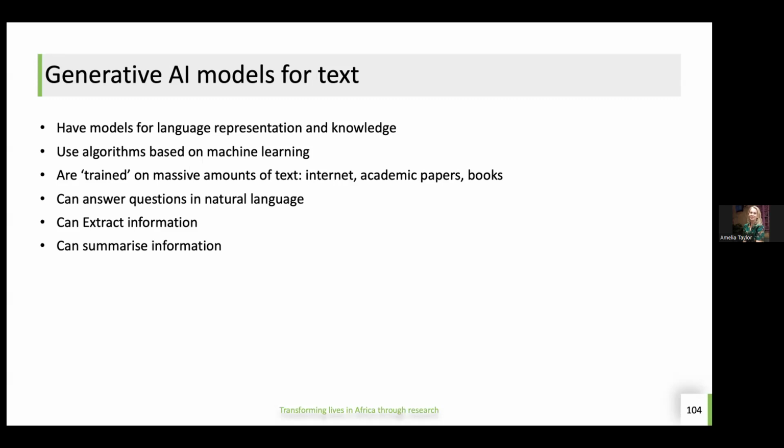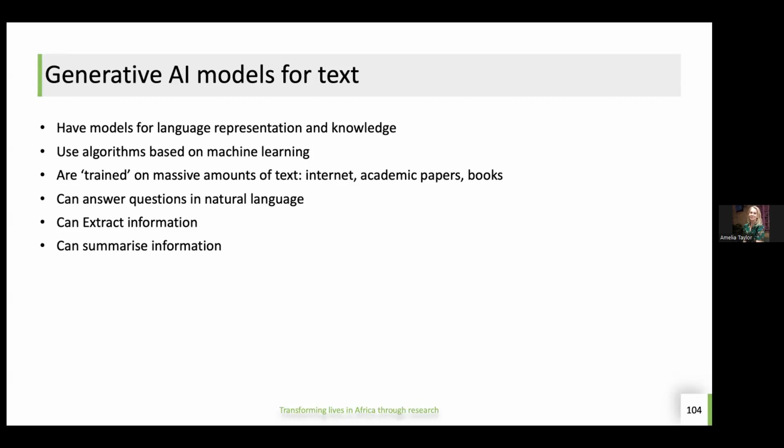And the machine learning algorithms it relies on are trained on massive amounts of text. If you think of ChatGPT, we don't actually know what's been used for training it. I mean, the whole of the internet, I don't know, massive amounts of text, academic papers, books.